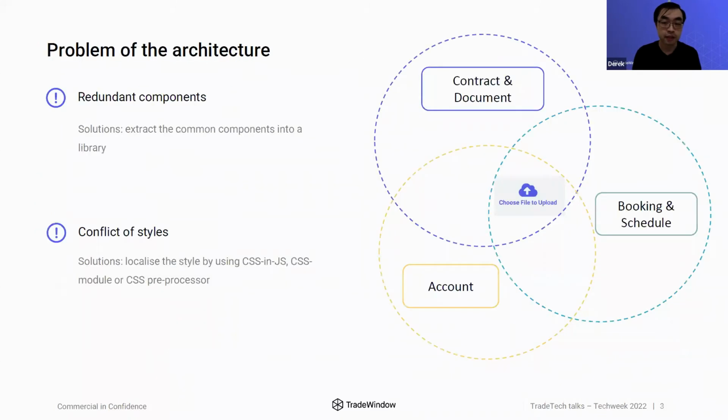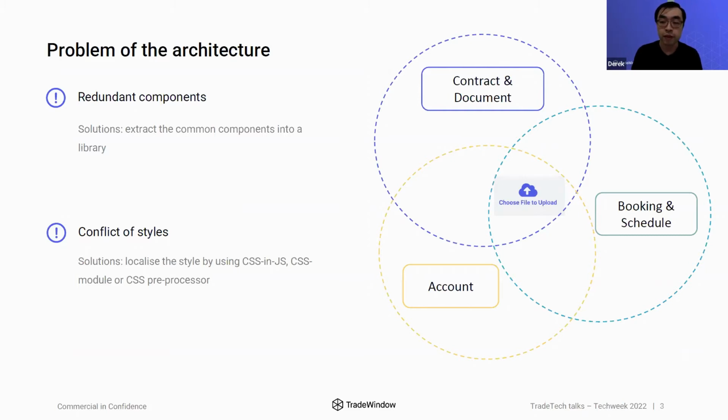Next slide, please. Finally, I will say the architecture also has some problems for us. The first is that our current design uses component-based design, so a component can be used across our platform. This means different micro apps may have the same component used in the same way.